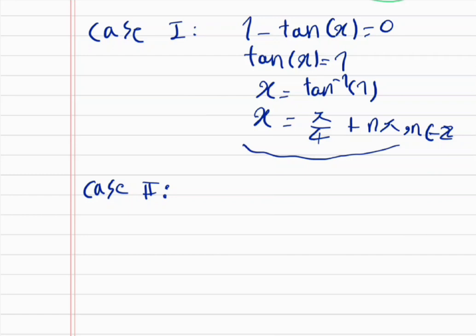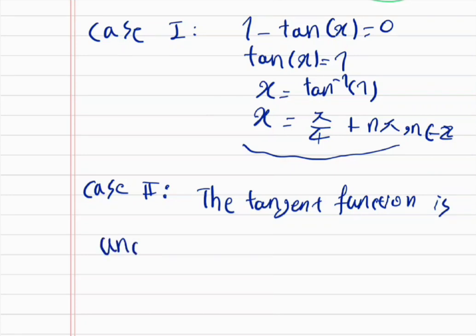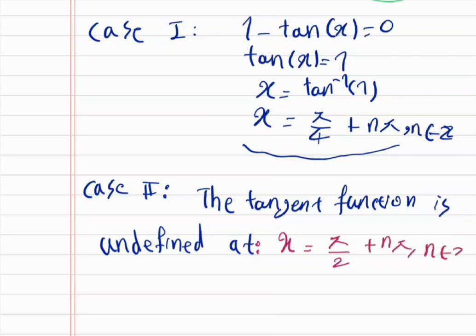And basically this is just something that we need to remember: the tangent function is undefined at x is equal to pi over 2 plus n pi, where n is again an integer.